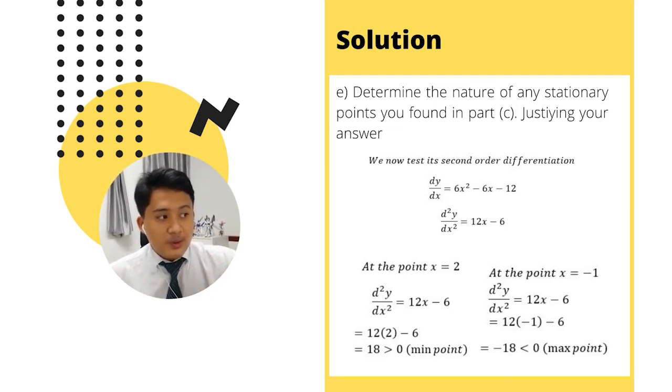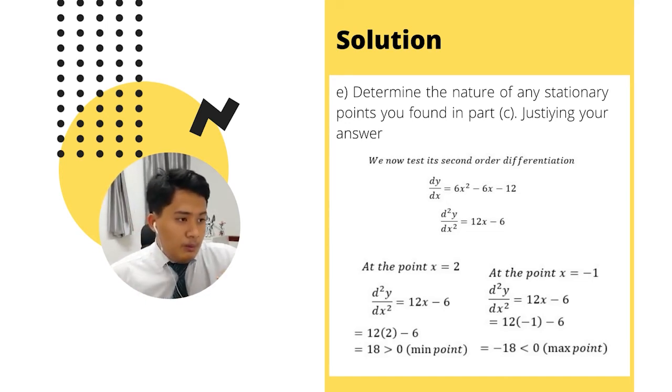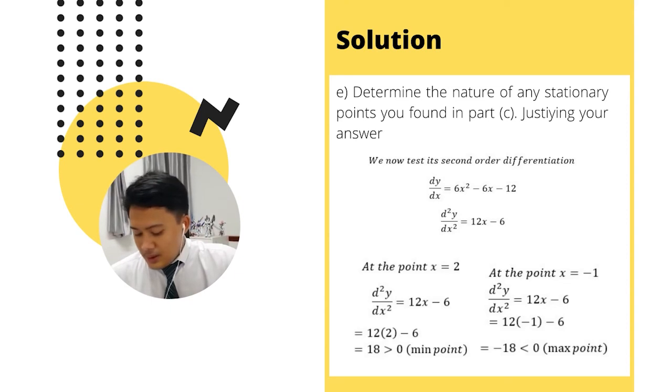So the answer we get at the point x equals 2 is 18, which is more than 0, which will be our minimum point. And then at the point of negative 1, we will replace the x with negative 1. We will get the answer of negative 18, which is less than 0, which is going to be our maximum point.